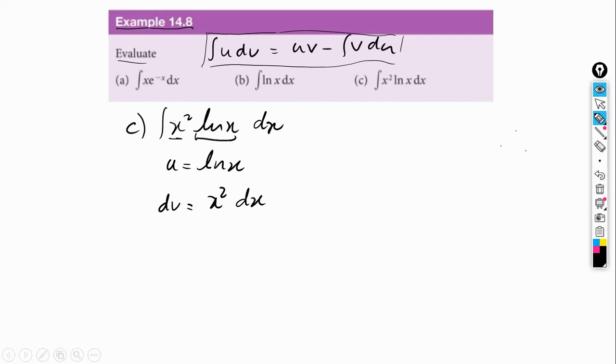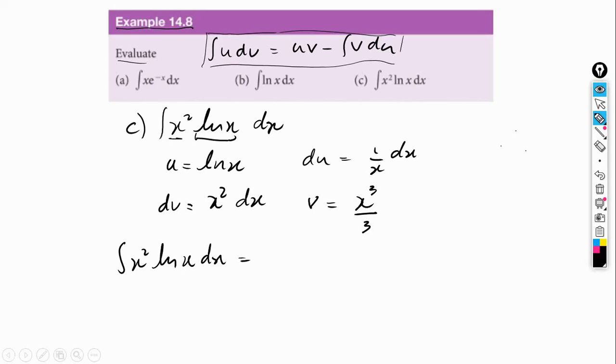Then we have that derivative of u would be 1 over x dx, and then v is going to be the integration of derivative of v, which is simply x cubed over 3. So now we have everything we need to plug into the formula of integration by parts.